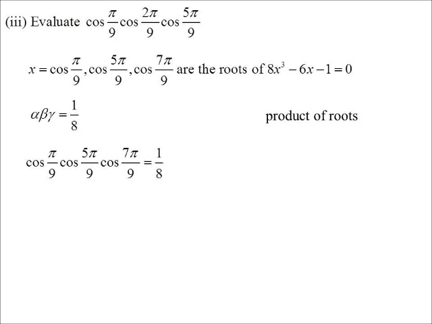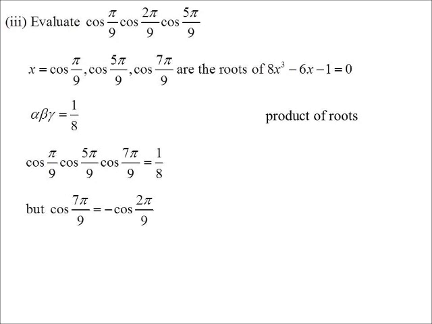So alpha, beta, gamma, it seems logical to multiply them together because our answer there, cos times cos times cos, would be 1/8. Problem is it's not quite what they've asked for. I've got the cos pi on 9, cos 5 pi on 9, and 7 pi on 9, they want 2 pi on 9.